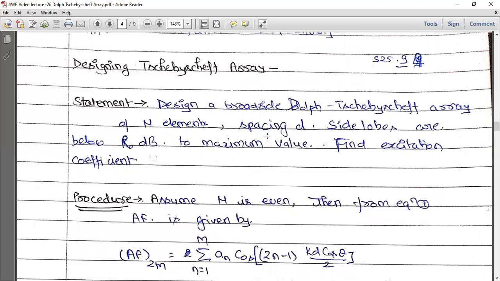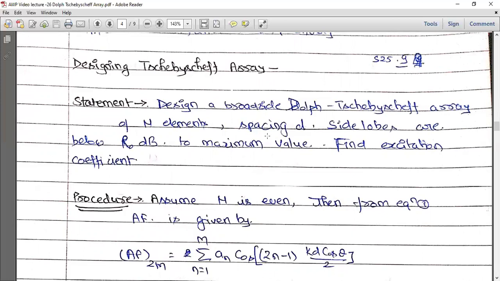When you design an antenna, if the antenna is directive, then it will radiate maximum in a particular direction, and suppose that radiated maximum power is denoted by Pmax. Then it is given that the side lobes should be R0 dB below the maximum value.